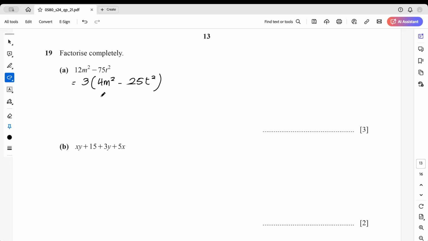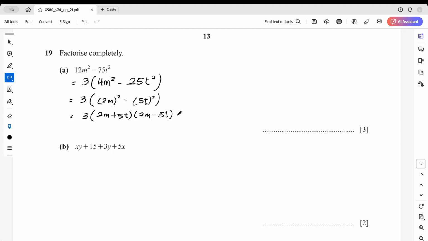Now over here I see a difference of 2 squared. This is 2m squared and this is 5t squared. So together, using my difference of 2 squared formula, I will get 3 times 2m plus 5t times 2m minus 5t.